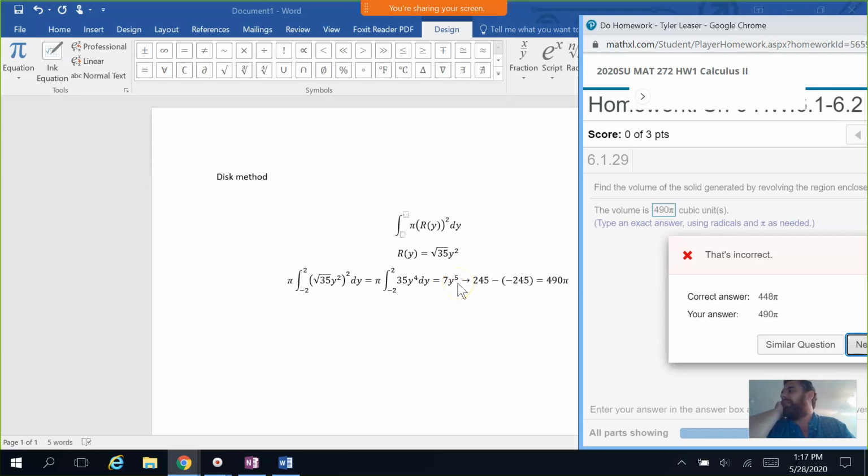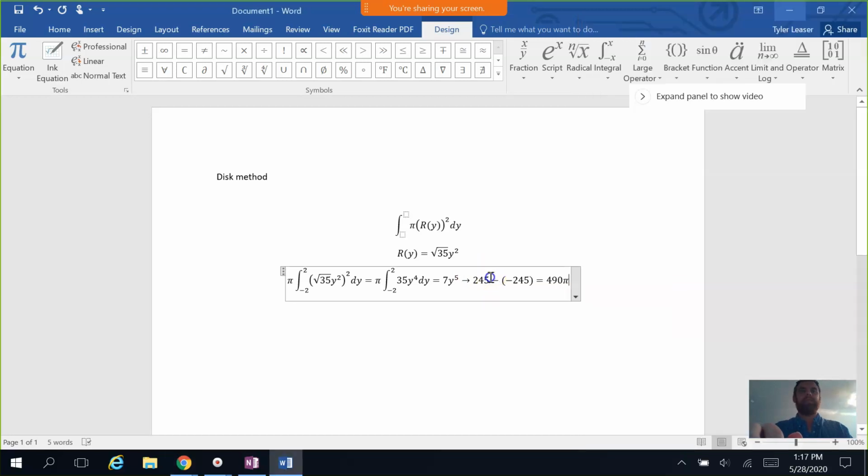Oh, I know where I went wrong. I didn't plug a 2 into that, right? Sorry. I'll slow down from now on so I don't make so many mistakes. I think that should be 175 when you plug the 2 into there. Or... no, that doesn't come out right either. Sorry, 224.